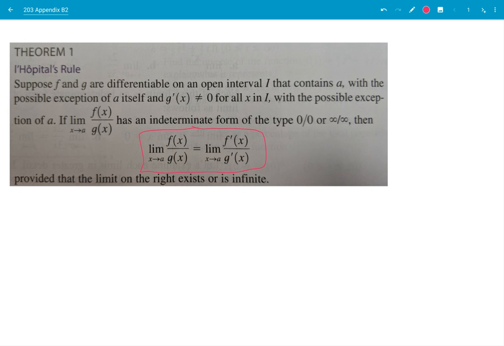Okay, so what is it saying? Well, it's saying basically as long as this limit makes sense here, you can take your original, replace it with this guy, and hopefully this guy will be easier.